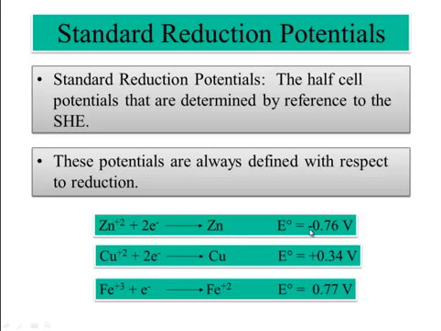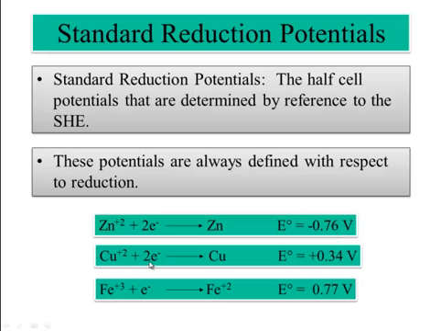Therefore its reduction potential is negative. However, its oxidation potential will obviously be positive and it will have the same magnitude as this, but the sign will be opposite to this one. So therefore the oxidation potential of zinc electrode will be plus 0.76 volts.